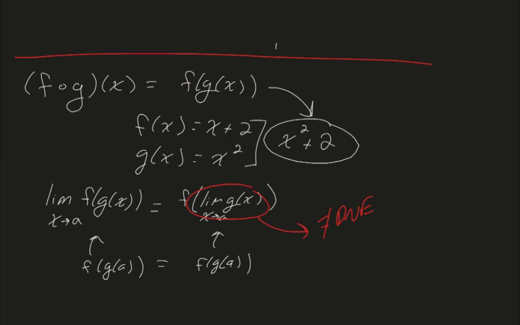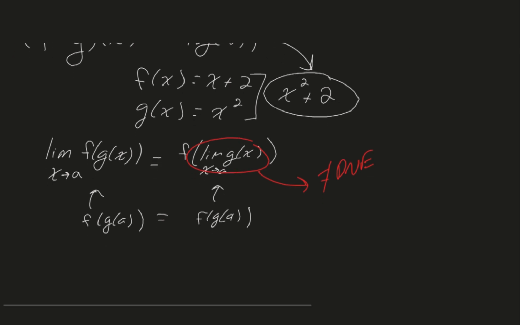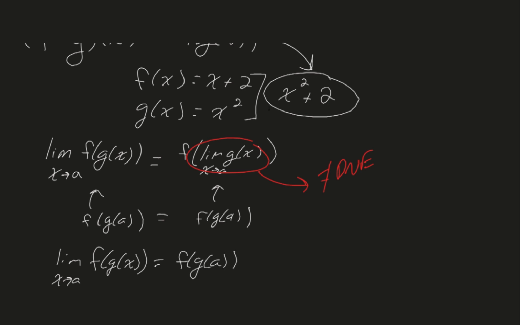Alright, so let's look at an example of it. So we already said the composition of these two functions is going to be x squared plus 2. That's the composition f of g of x. So let's see here. In the initial example, limit as x approaches a of f of g of x, we're going to use our normal substitution method. This is going to give us f of g of a, which is going to give us, well, first we have to think about our composite function.